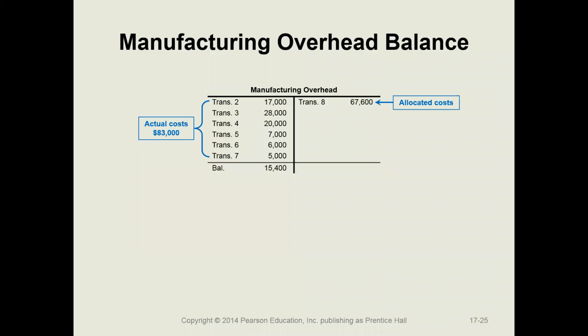On the credit side, 67,600 was the amount we charged to the jobs based on our estimate. Based on the predetermined overhead allocation rate, we thought the amount was going to be 67,600. It actually turned out to be 83,000 for manufacturing overhead.